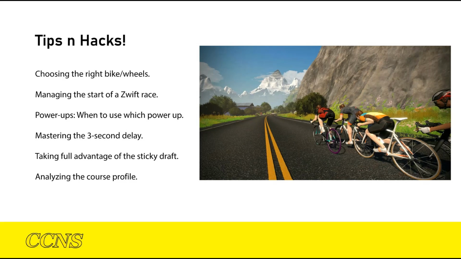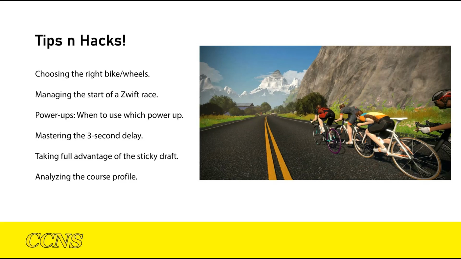Say you've got this garage full of bikes, and you're just trying to decide, all right, I've got a flat to rolling race, I've got a hill climb race, what do I choose and what do I use? I'll just share with you my personal preferences. Typically, I've got the Zwift Tron bike, which is pretty fast across lots of different settings, so I'll use that probably 80% of the time.